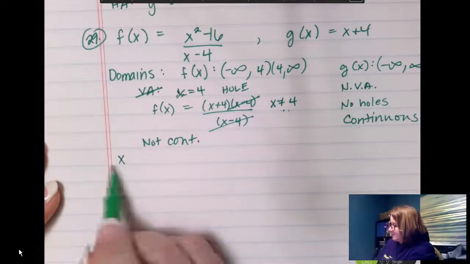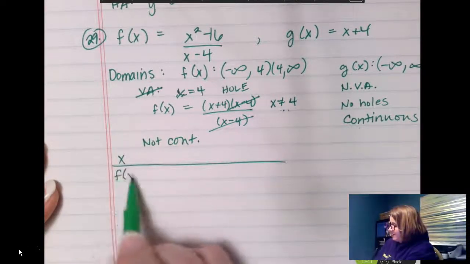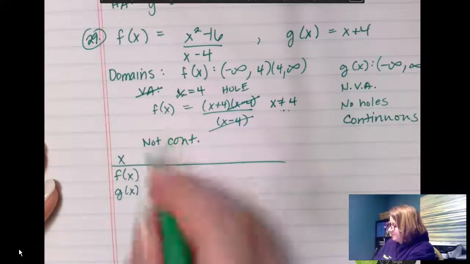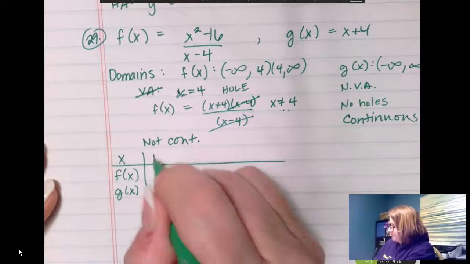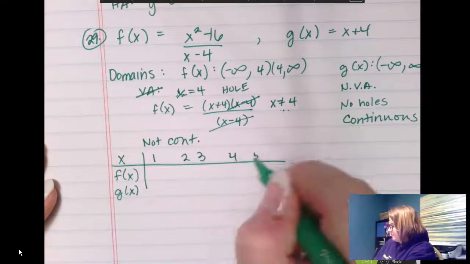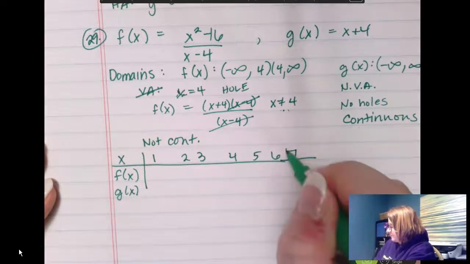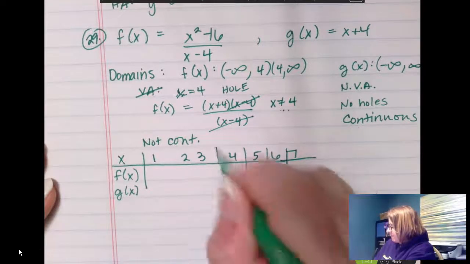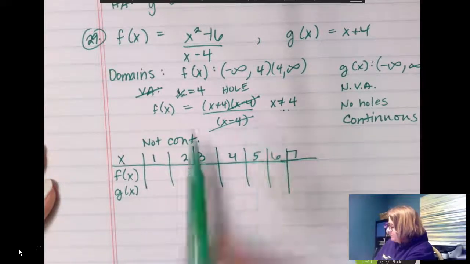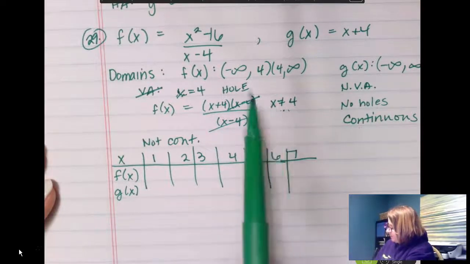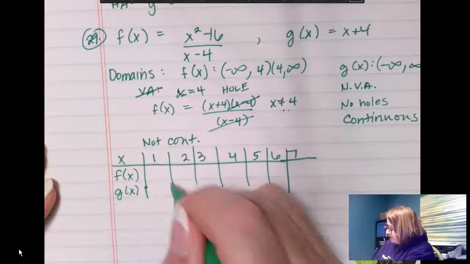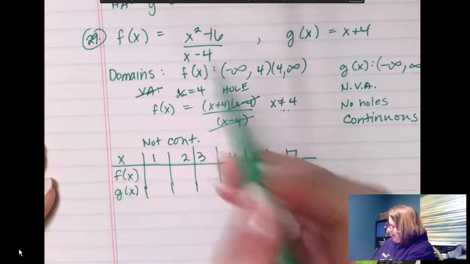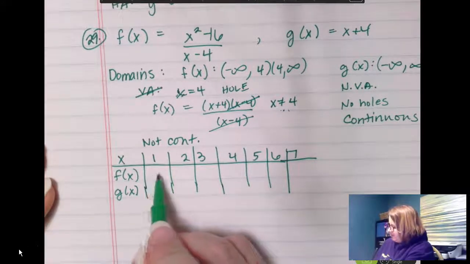We have x, f of x, and g of x. And x goes from 1 to 7. So we plug 1 in to f, and we get negative 15 over negative 3, which is positive 5.